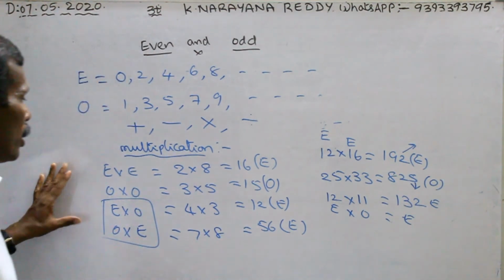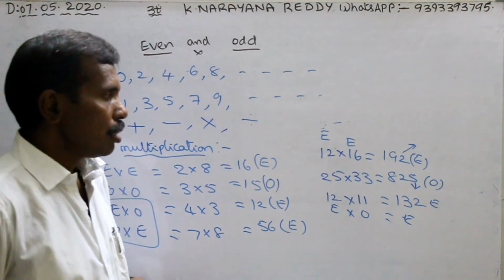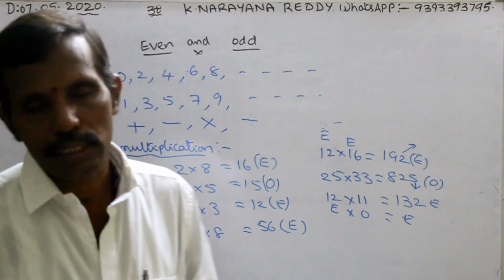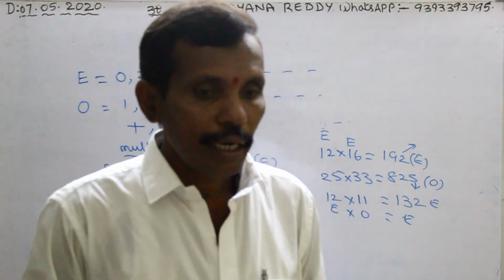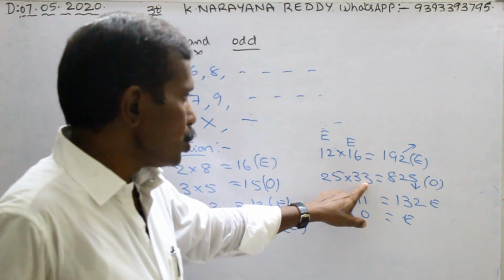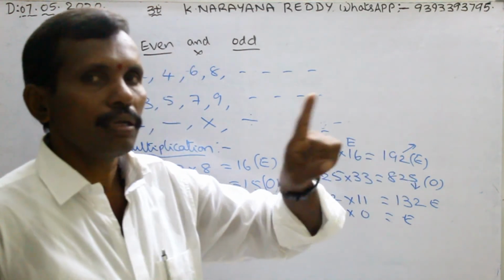In this way, we can use these multiplication tricks in competitive examinations. These are simple digits, but we can get large numbers in examinations. At that time, we only need to remember that it depends upon the last digit, and that tells us whether it is odd or even.